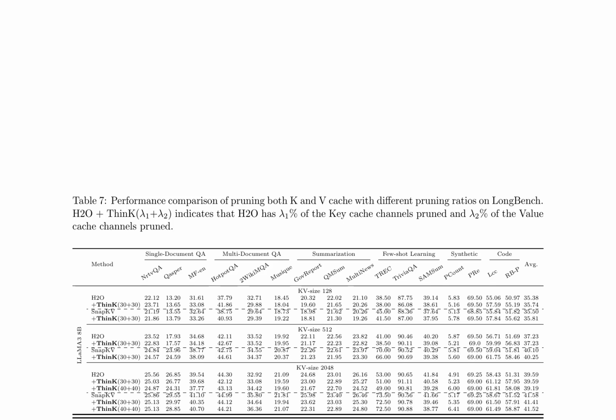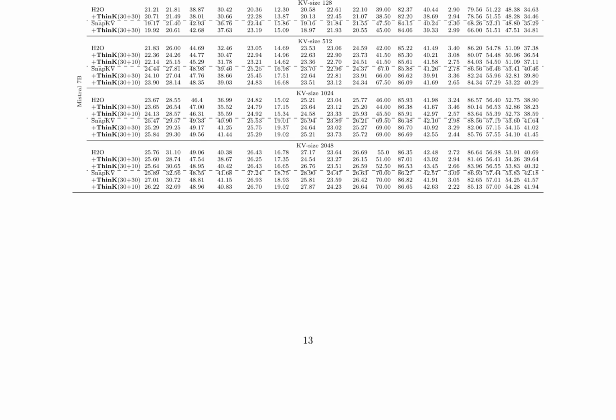The paper presents a comprehensive comparison of the performance of different models in various natural language processing tasks, including single-document question answering, multi-document question answering, summarization, and few-shot learning. The models tested are H2O, SnapKV, and Mistral 7B Instruct v0.2, with different key-value cache sizes and pruning ratios.